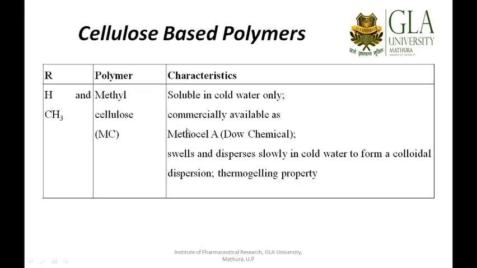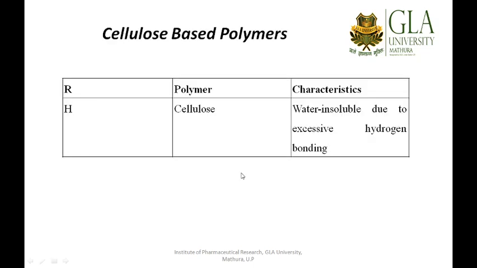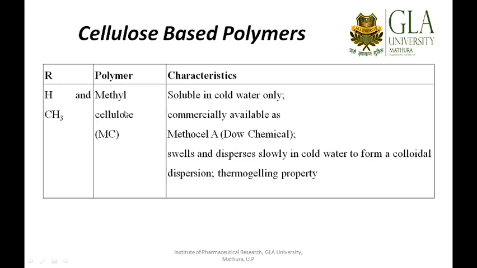Now this product, methyl cellulose, has been launched into the market with the commercial product name Methocel A by Dow Chemicals, and it swells and disperses slowly in cold water and forms a colloidal dispersion. It also possesses thermogelling property. You can realize how the substitution of a methyl group increases the solubility of cellulose in water.